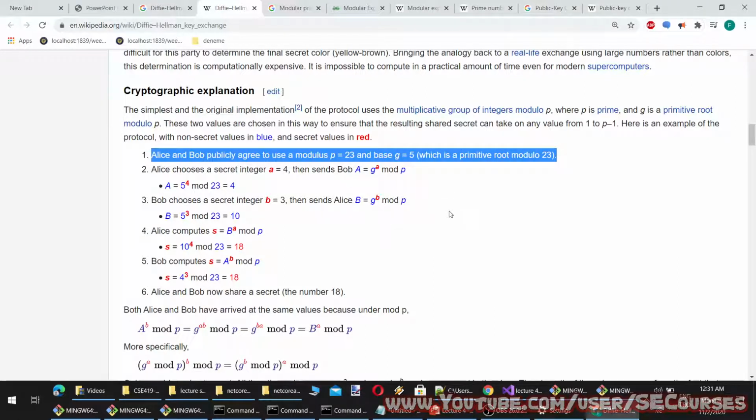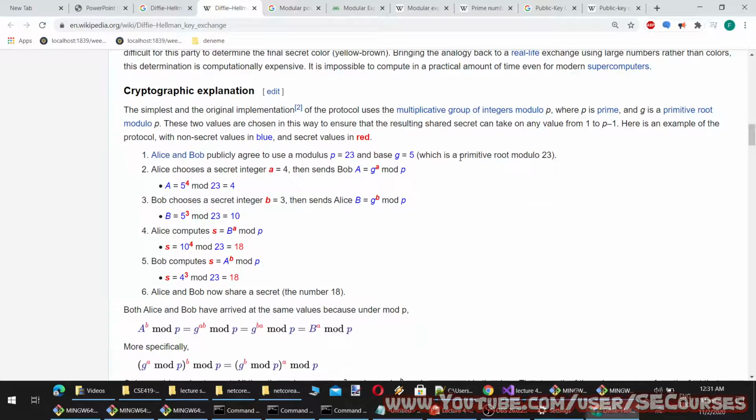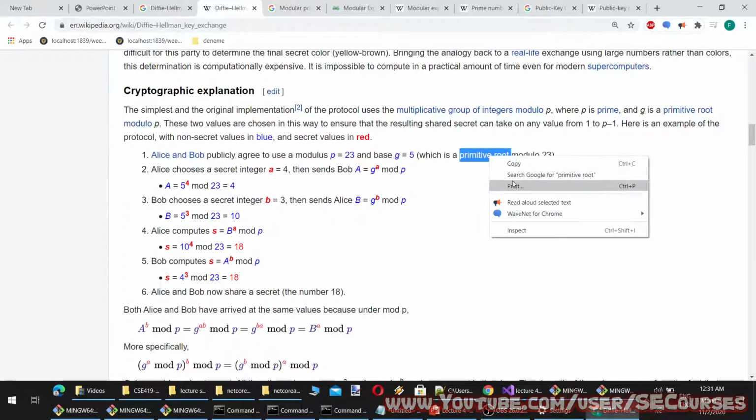Alice and Bob publicly agree to use a modulus p equals 23 and base g equals 5, which is a primitive root modulo 23. So what is a primitive root?